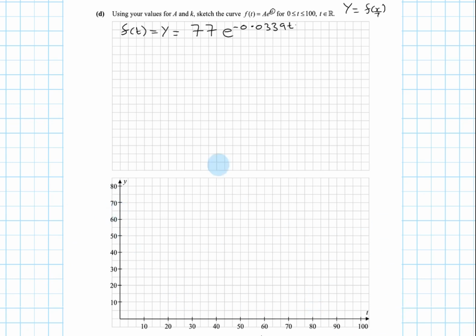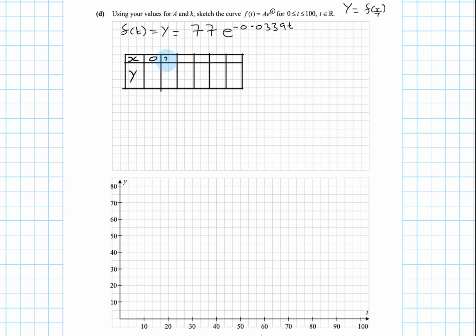So what we can do is go up in intervals of 20. Just make a small table: 0, 20, 40, 60, 80, 100. So we can have our x values and our y values.